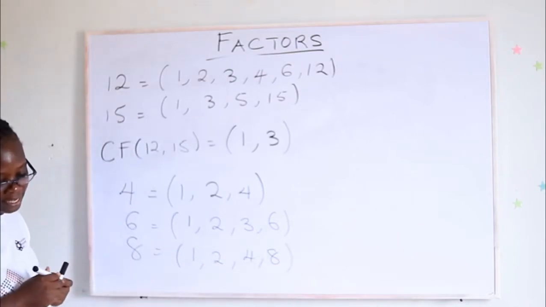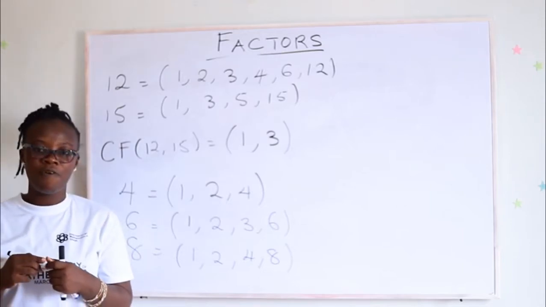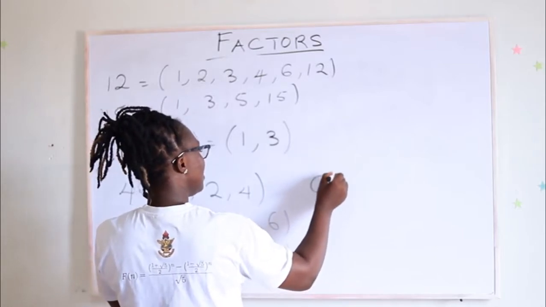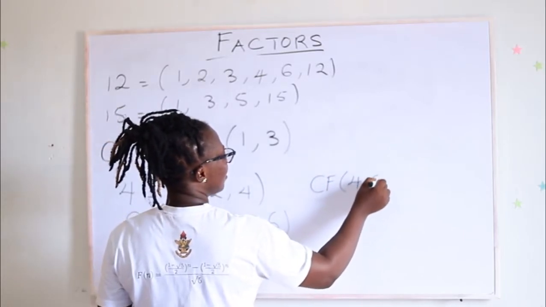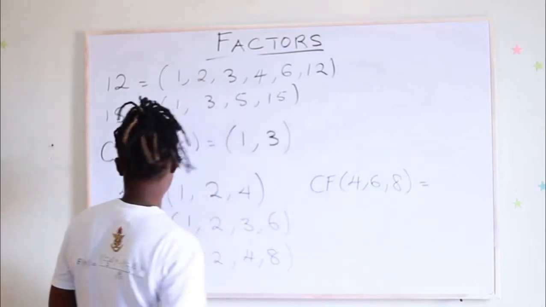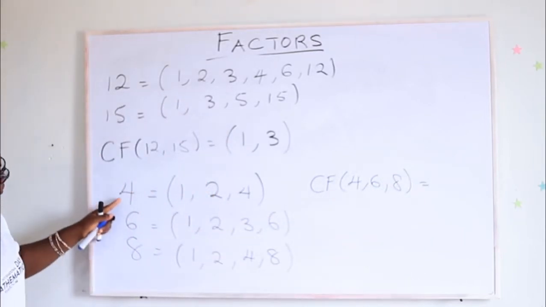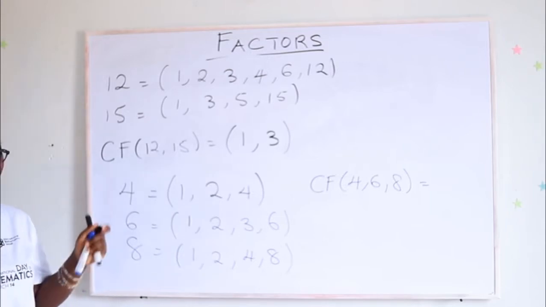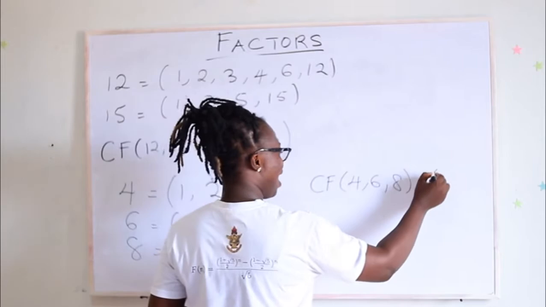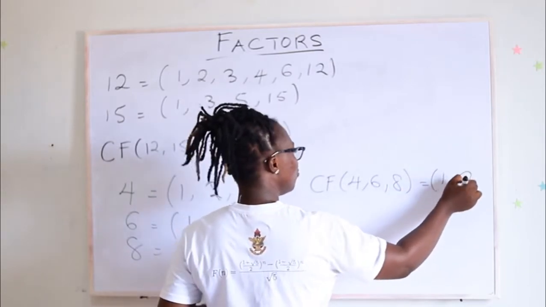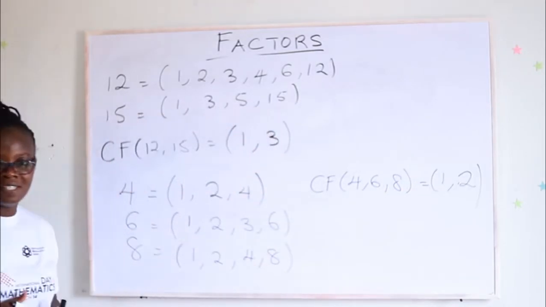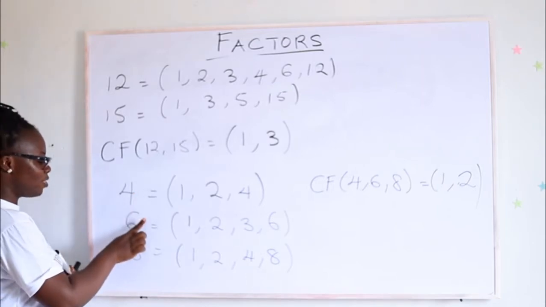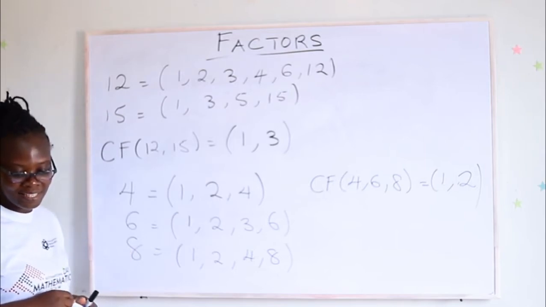Now let's try writing the common factors of 4, 6 and 8. So CF of 4, 6 and 8. What do you have? We have 1. 1 is always common. 1 is always everywhere. So I already have 1 and 2. So you realize that 2 is common. It's a common factor between 4, 6 and 8.